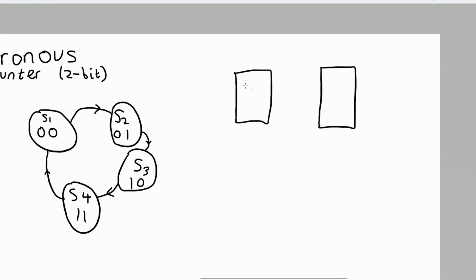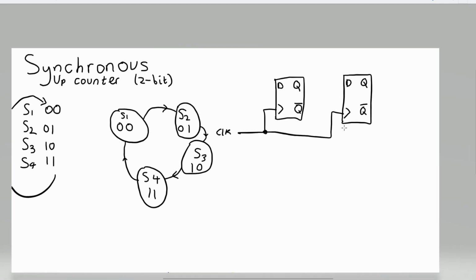And we're going to be using D-type flip-flops. Since it's a synchronous circuit, the clocks will be connected together. It's also known as a common clock because they're common to each other. Now we have our outputs Q1 and Q2.